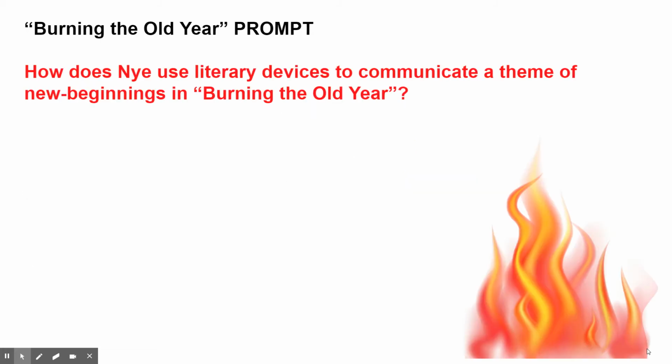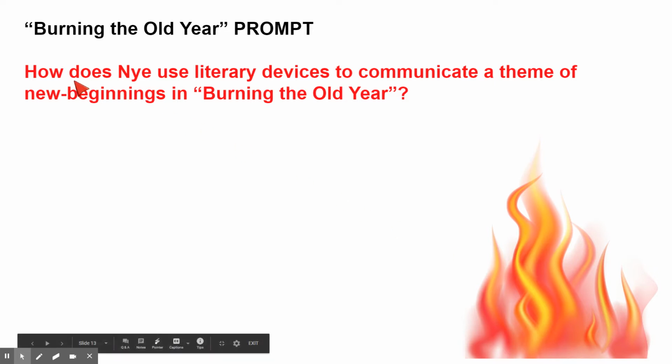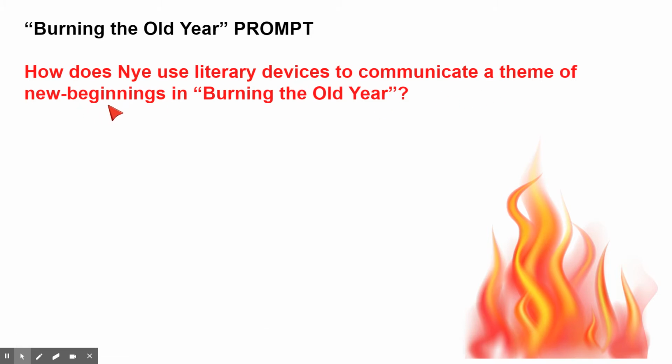So let's go back to the poem from Monday, and let's play with a prompt to work through what these 6 logical steps might look like. So let's pretend that this is our prompt. How does Nye use literary devices to communicate a theme of new beginnings in Burning the Old Year?